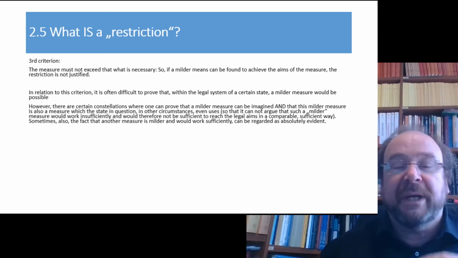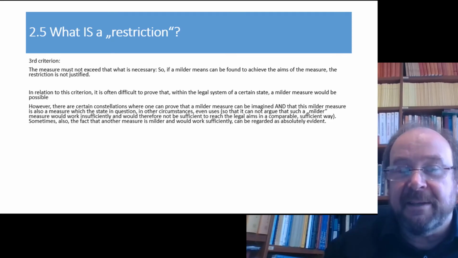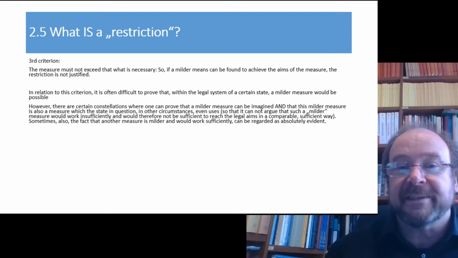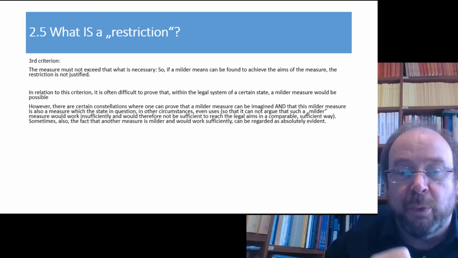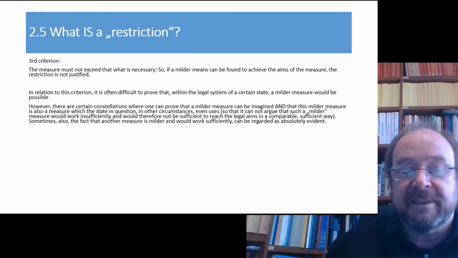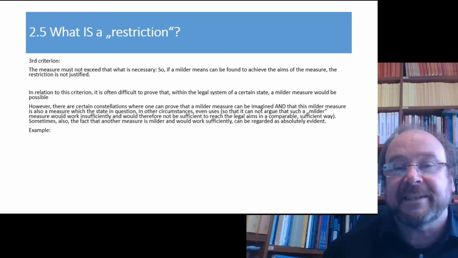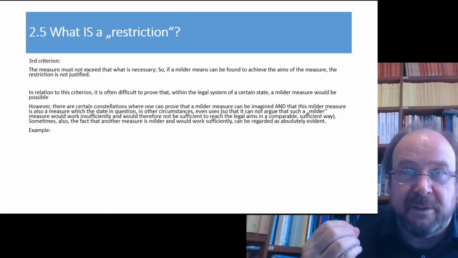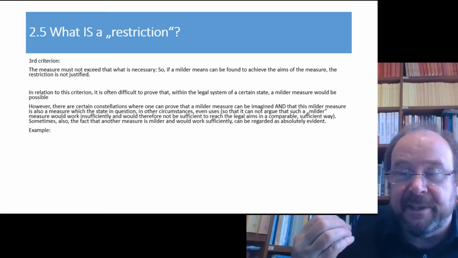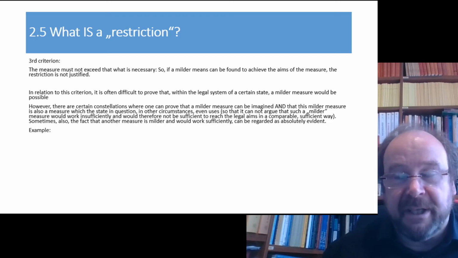Usually the way you can prove this is if you look to the legal system of the state and point out, yes, in your own legal system for comparable problems, there are milder solutions and they are working. Sometimes, however, judges say, based on mere common sense, there is a milder measure which evidently works in a comparable quality, and there is no reasonable argument why somebody could refuse to take refuge to that milder measure.